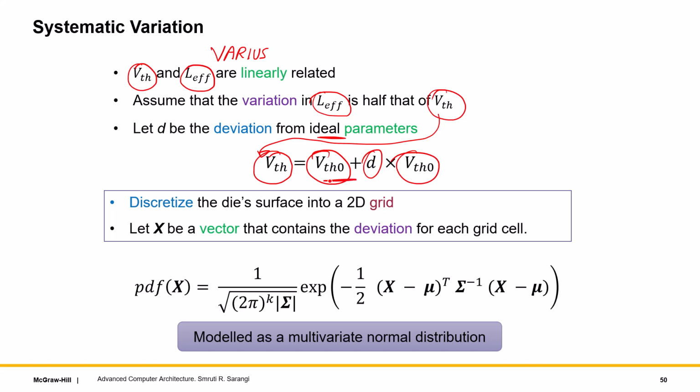So this is the baseline, and on top of the baseline, there will be some deviation. Or let's say the deviation would be because of voltage. Nevertheless it will be a deviation, and this factor D is the important one.